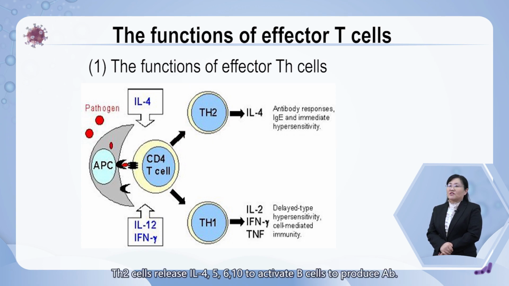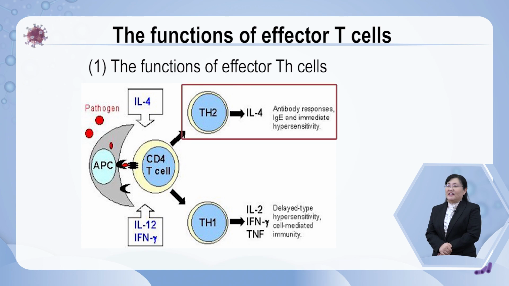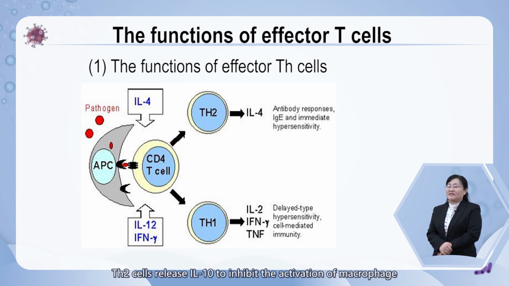Th2 cells release interleukin-4, 5, 6, 10 to activate B cell to produce antibody. Th2 cells release interleukin-3, 5 to promote the differentiation and development of eosinophils and mast cell. Th2 cells release interleukin-10 to inhibit the activation of macrophage and function of Th1 cells.